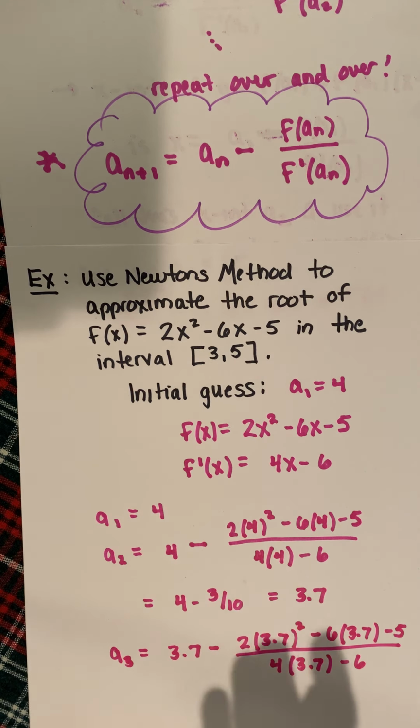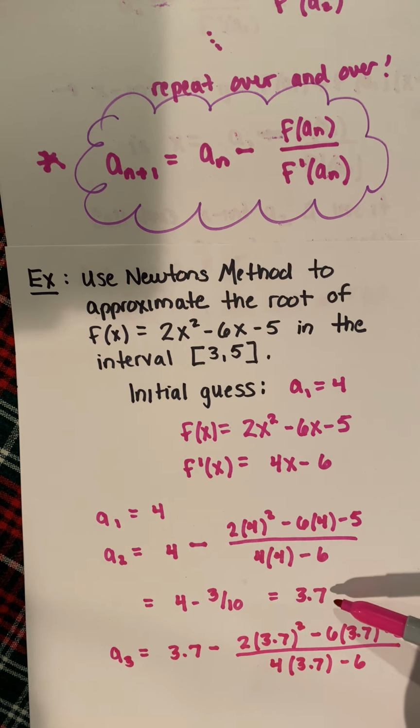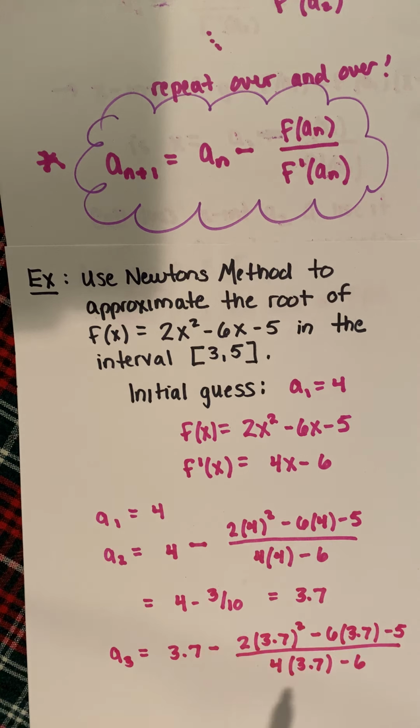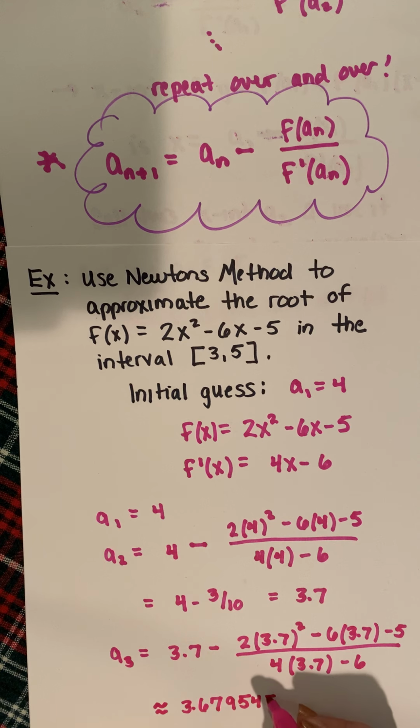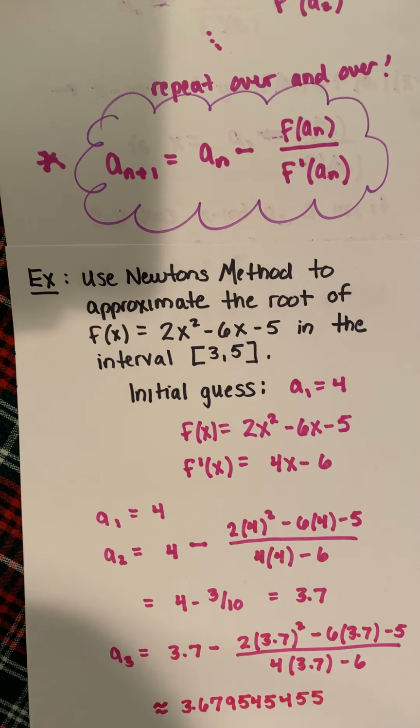This is not a nice number. It doesn't round easily. It doesn't end at the tenths place. So when I pop this into my calculator, I got 3.679545455. Hopefully I did that correctly.